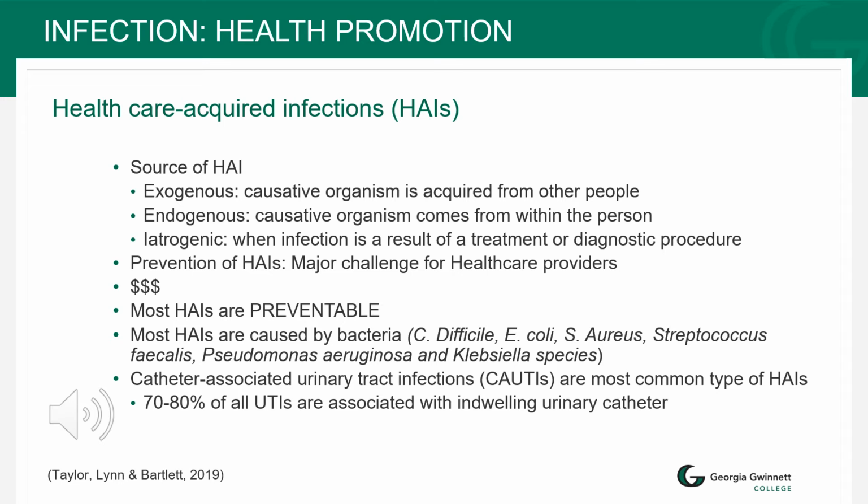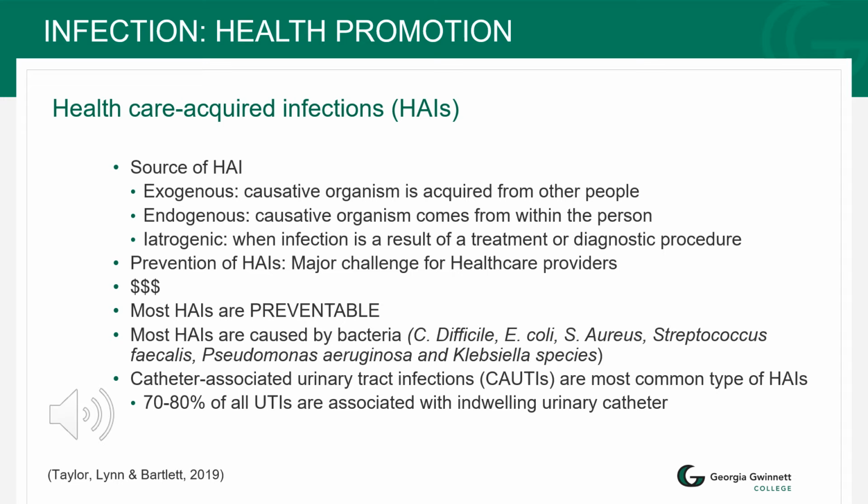So how do we prevent healthcare-associated infections? I want you to realize that your textbook talks about two different types of healthcare-associated infection causes. The causative organism acquired from other people is exogenous. Endogenous is within the person.